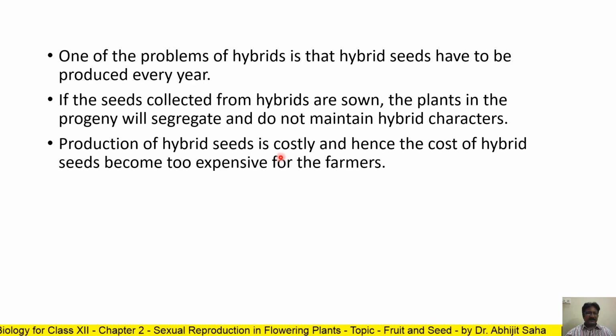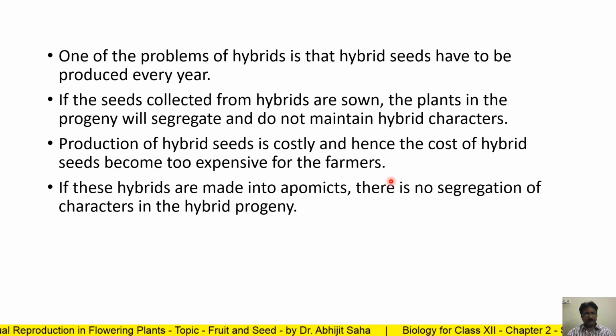Production of hybrid seed is costly, and hence the cost of hybrid seeds becomes too expensive for the farmers. That is true. Then what to do? If we can make these hybrid seeds into apomictic, because apomictics are asexual products, then there is no question of segregation of characters in the hybrid progeny.